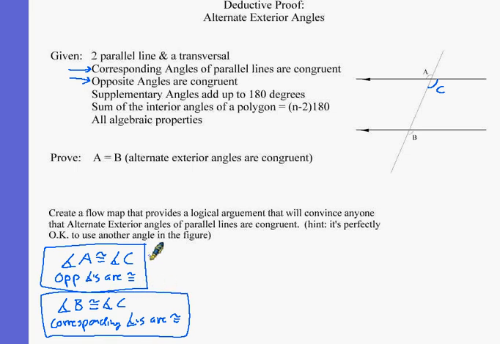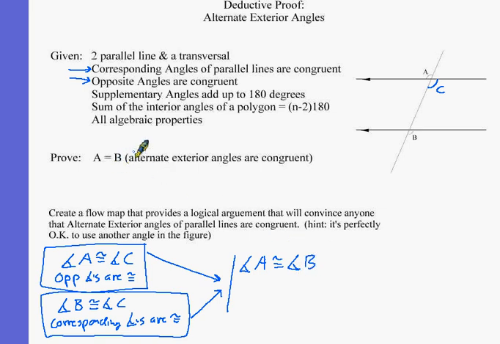Now we can combine these. Right, this is called a flow map because we have arrows that show you the flow. We're going from these two statements, we're combining them to produce a third statement, which is going to be angle A is congruent to angle B.